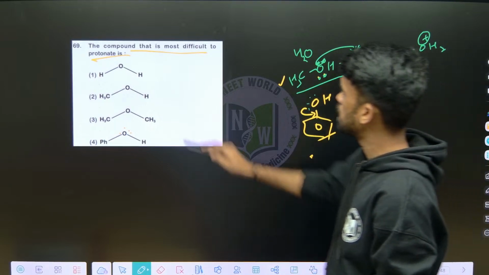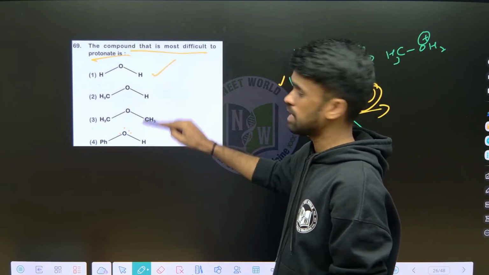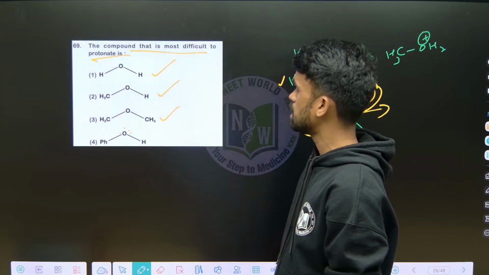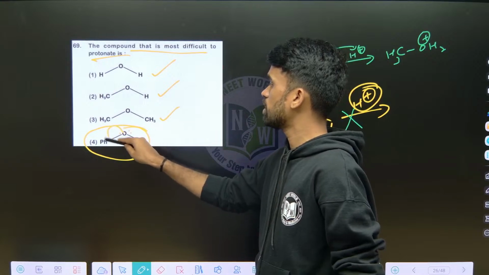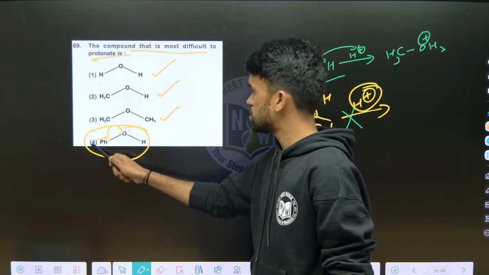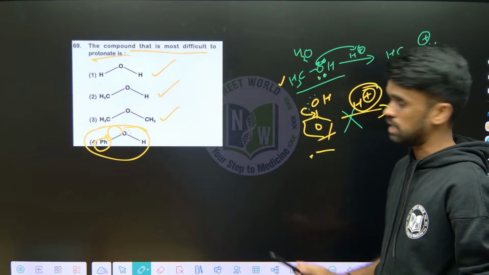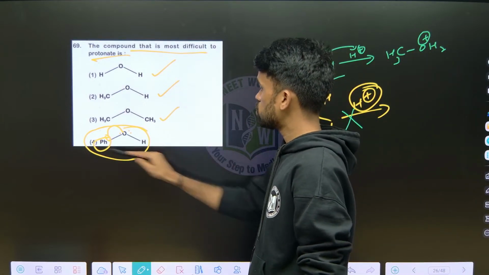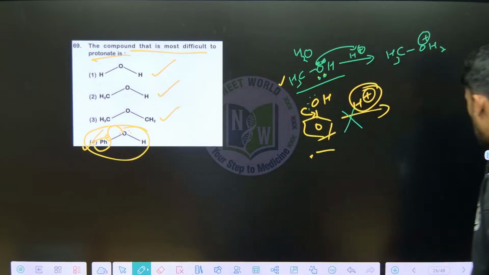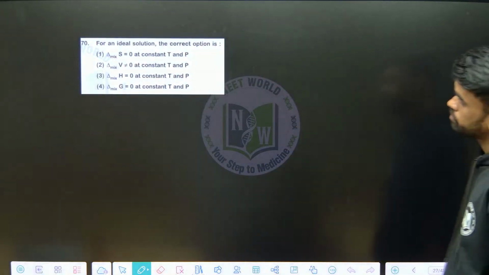So it is easily protonated in this case, this case and this case, but not here, because the lone pair electrons are involved in the conjugation with the phenyl ring, this benzene ring, therefore they are less available, more difficult to protonate. So option 4 is the most correct answer. I hope it is clear.